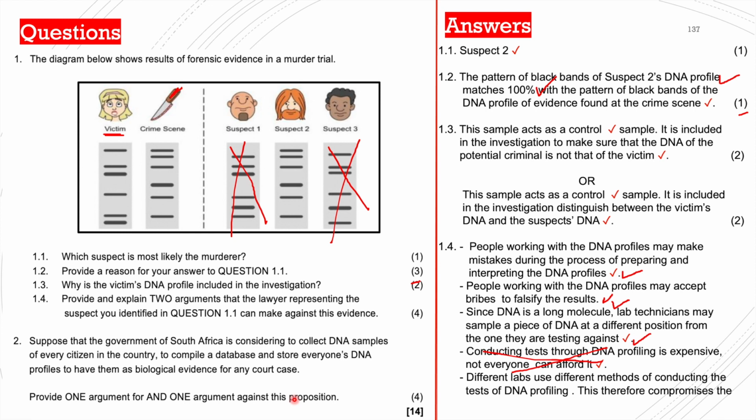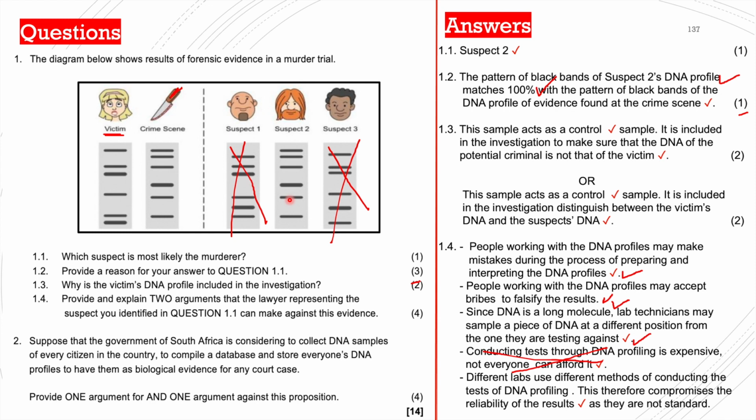So if the government of South Africa, for instance, wanted to, every single individual, every single citizen in South Africa, they take their DNA samples and then they prepare DNA profiles for everyone in the country, and then they store their DNA profiles in a database.